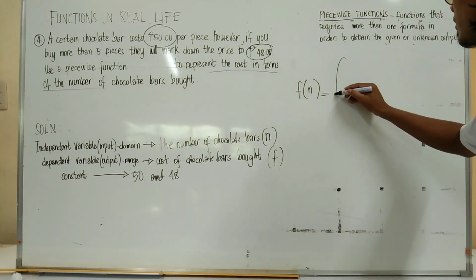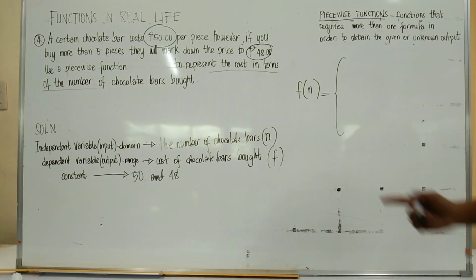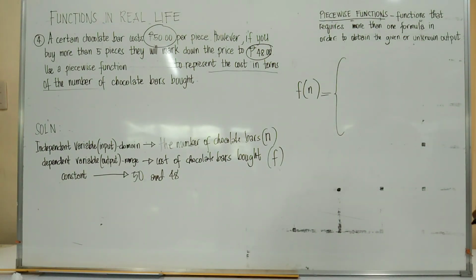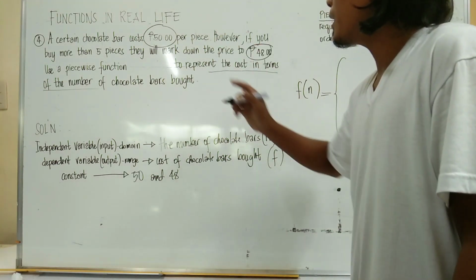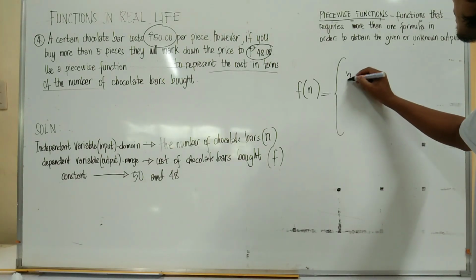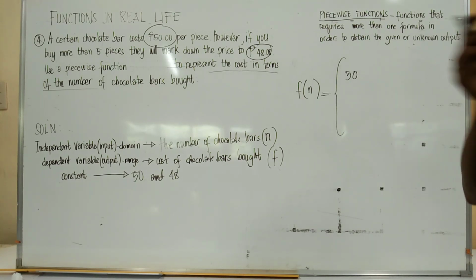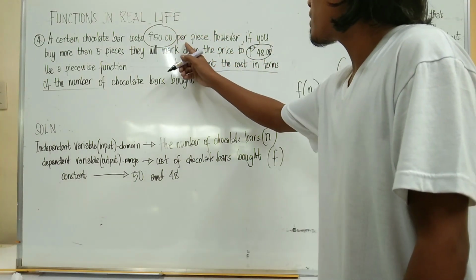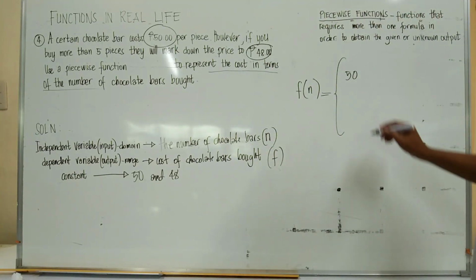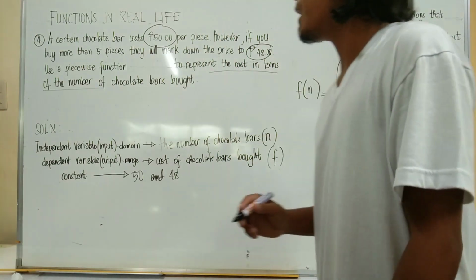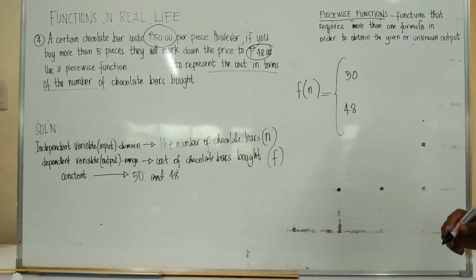Okay, so again, writing your piecewise function, first let us write open brace. Okay, so understanding your problem, you will pay 50 pesos if, okay, you will pay 50 pesos per piece, but if you buy more than 5 pieces, they will mark down the price to 48 pesos each.